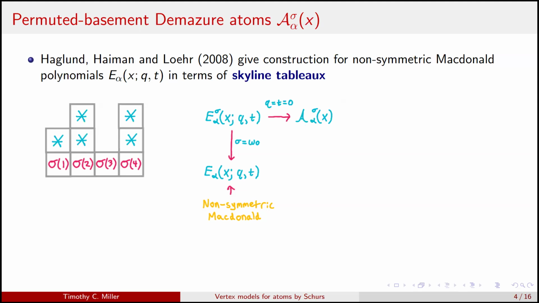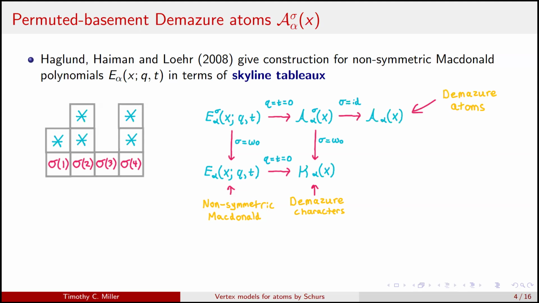If you let q and t equal 0, you get the polynomials we're interested in, permuted basement Demazure atoms. If from there you let sigma be W naught, you will get the so-called Demazure characters. If you let sigma be the identity, you get Demazure atoms. And from a Demazure character, if you let the weak composition be a partition, you get Schur polynomials.